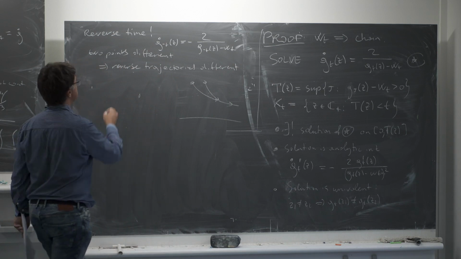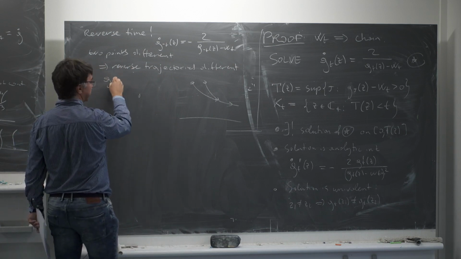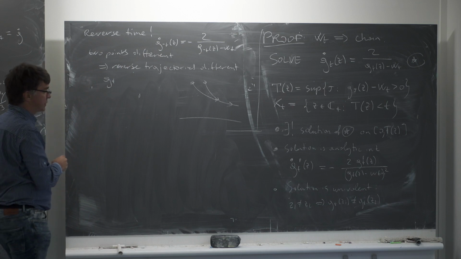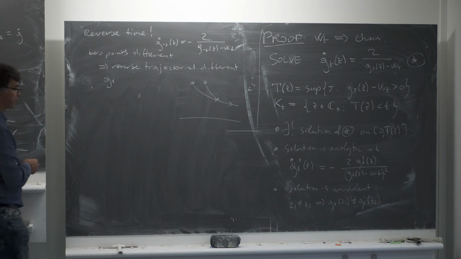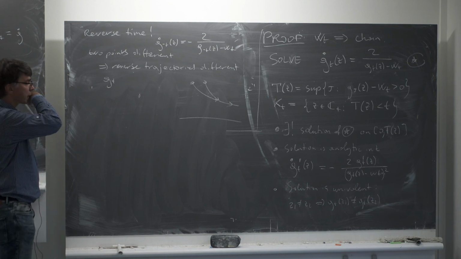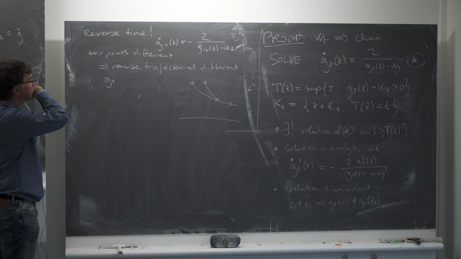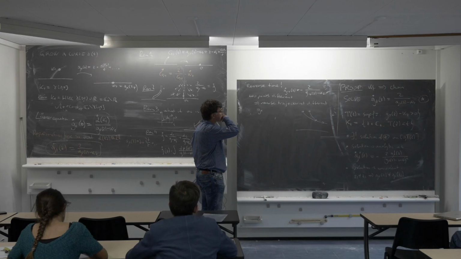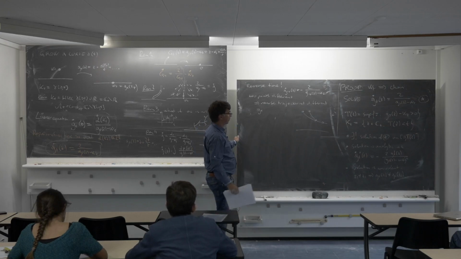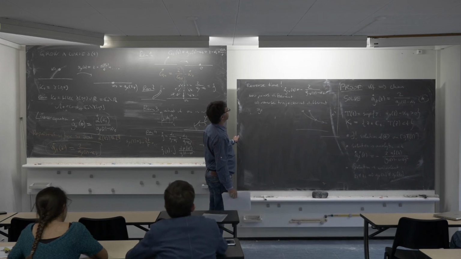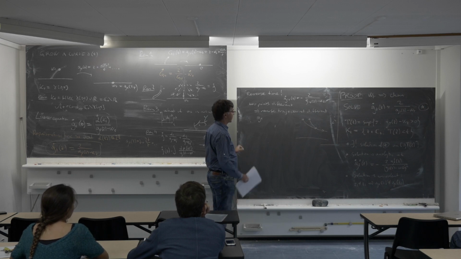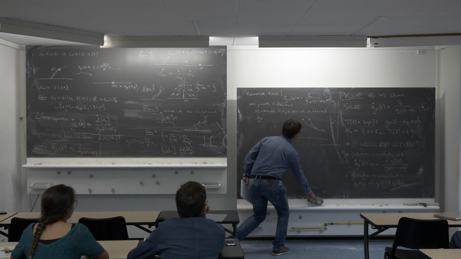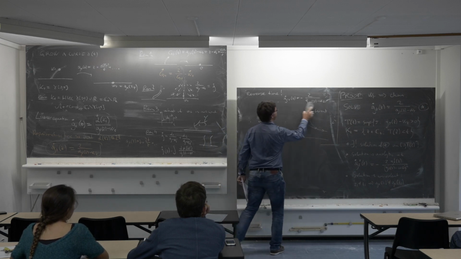So it basically means that if g_t of z1 and z2 are different, then z1 and z2 also are different. Oh, no, wait a second. I'm running a little bit ahead of myself. Reversing the time, yeah, I'm already proving the next part, sorry. So I will erase it.